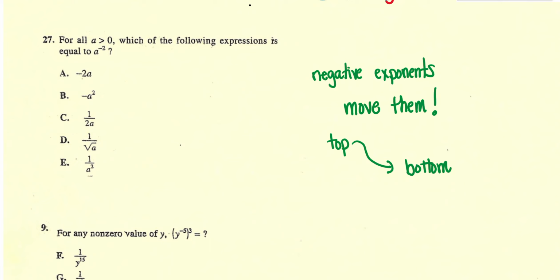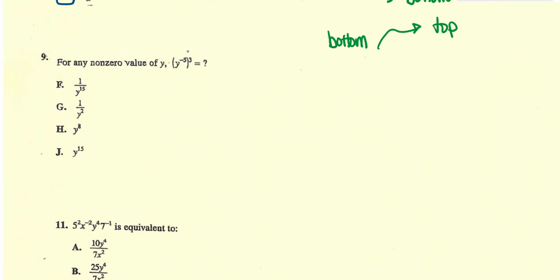And if it's in the denominator or in the bottom there, you're going to move it to the top or the numerator. So in this situation right here, that's understood a to the negative 2nd over 1. So this is in the top, so you're going to move it to the bottom or to the denominator and get e.